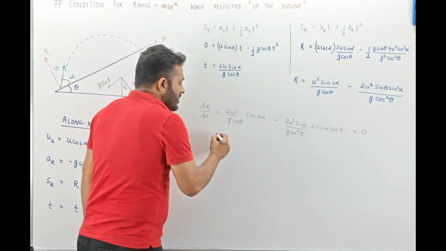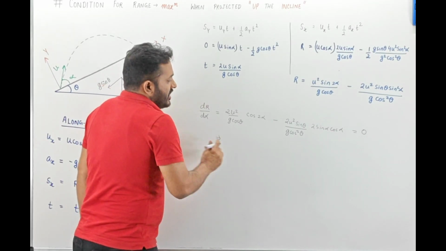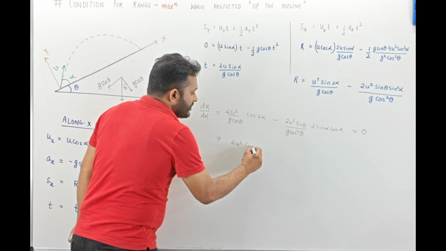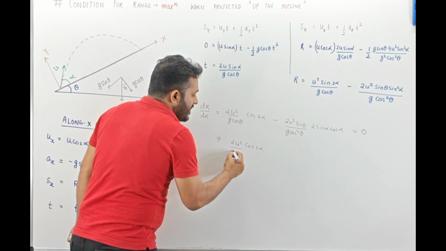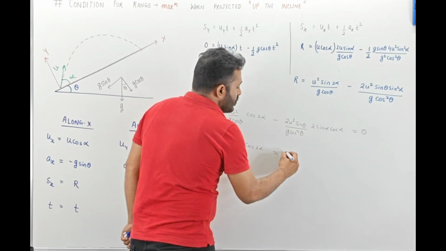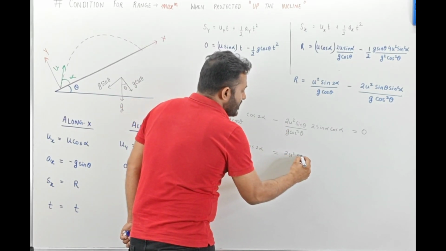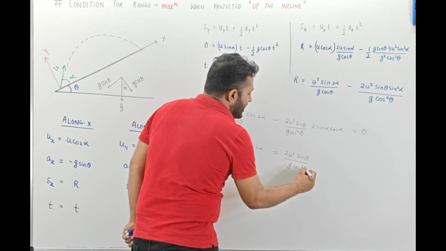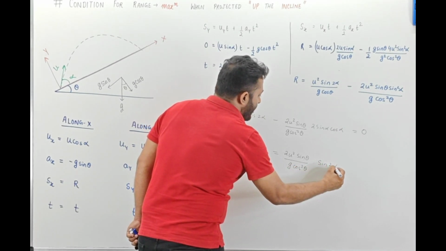So over here the next thing which we do is that we write it as 2u square cos 2 alpha by g cos theta is equal to 2u square sin theta by g cos square theta sin 2 alpha.